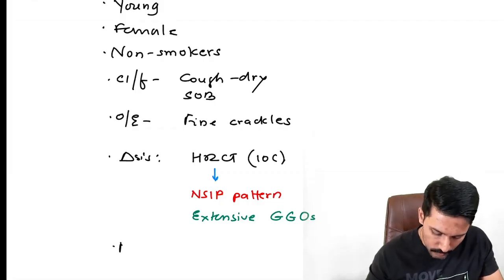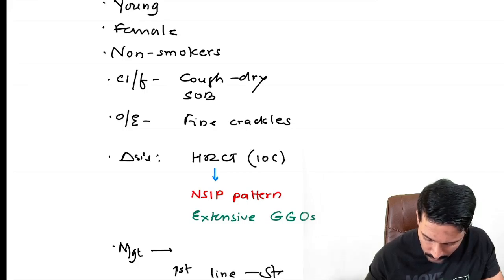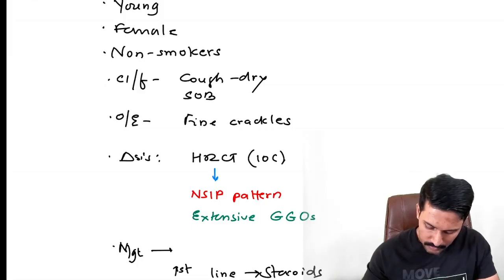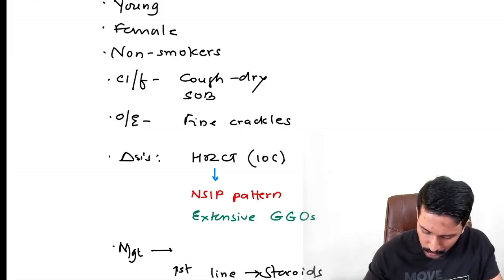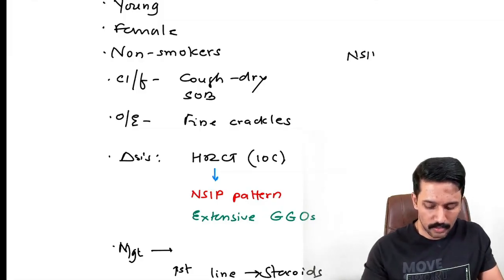When it comes to management, the first line is usually steroids, and the second line is going to be immunosuppressants. This is not generally going to be as bad as a case of IPF.